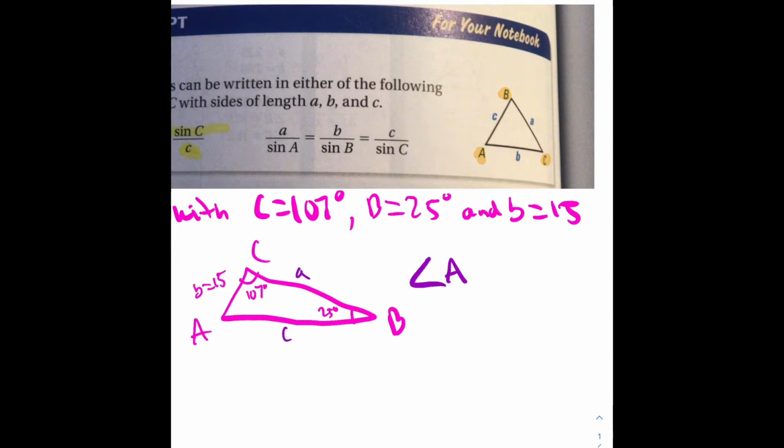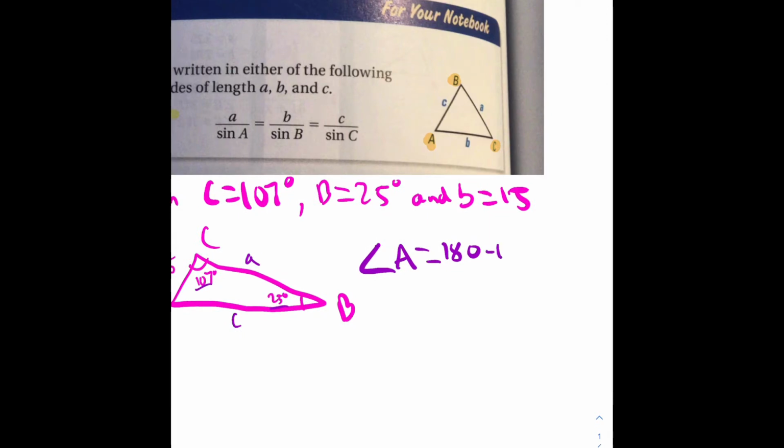The first thing I'm going to do is find angle A, which is pretty easy because I have two angles. I know that triangles have 180 degrees. So if I do 180 and subtract 107 and subtract 25, whatever's left is going to give me my angle, so 48 degrees.